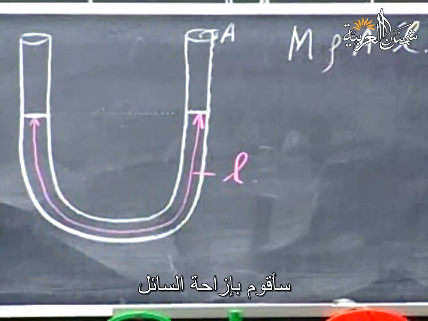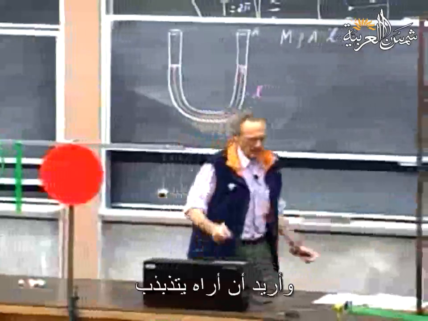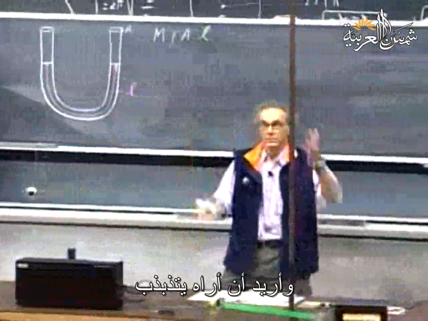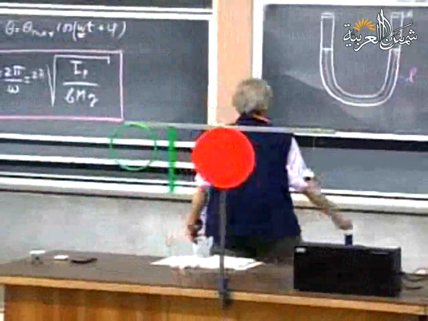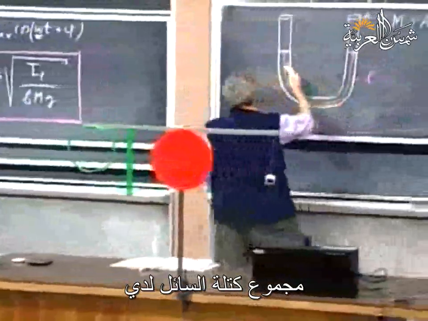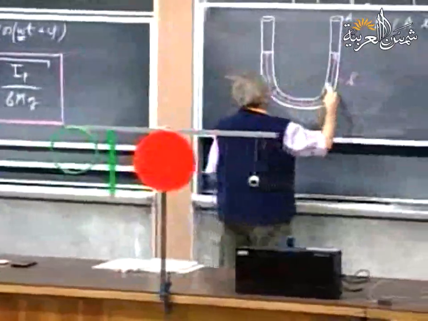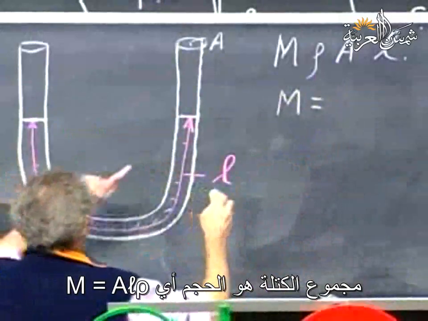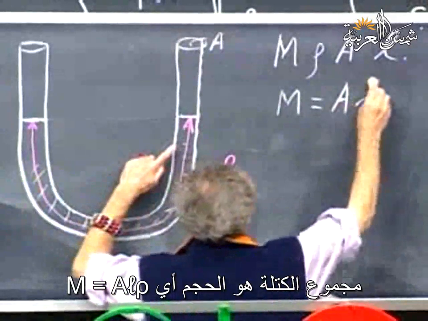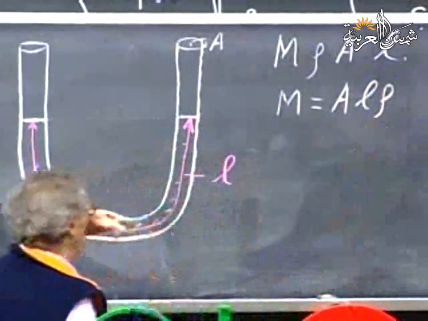I'm going to offset the liquid, and I want to see it oscillate. And I want to see whether I can calculate the period of the oscillation. The total mass of the liquid that I have, the total mass is the volume, which is the area times the length times rho.